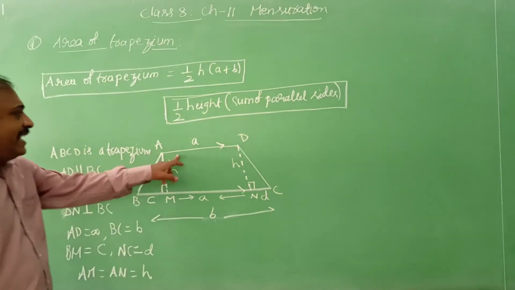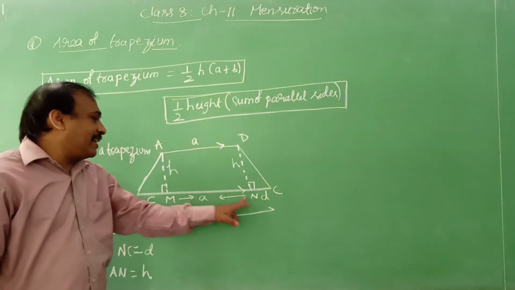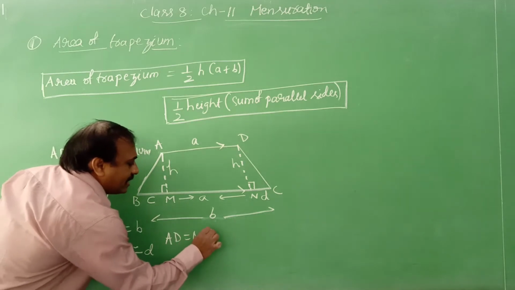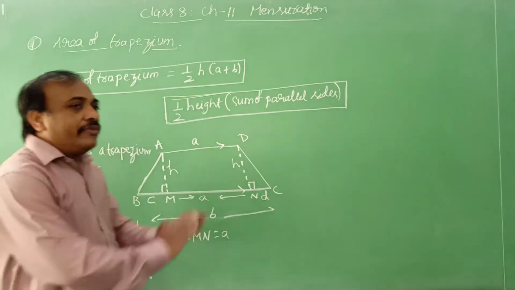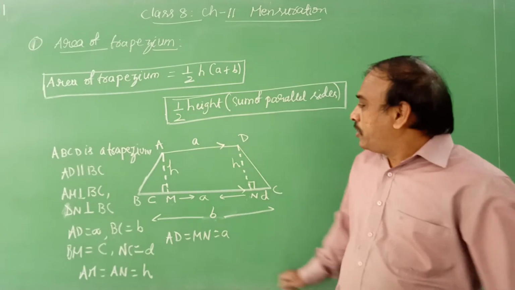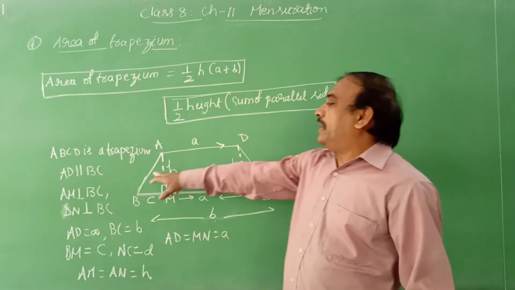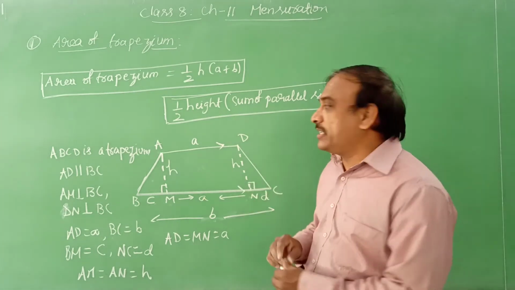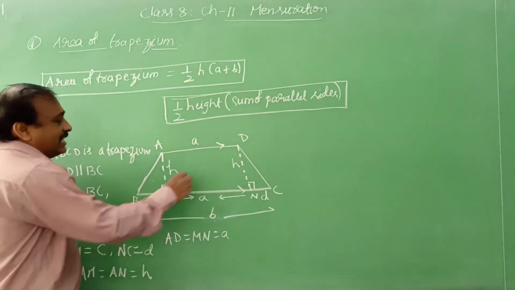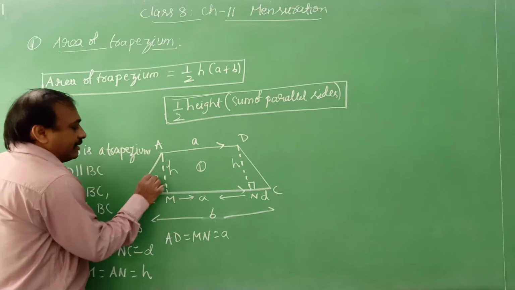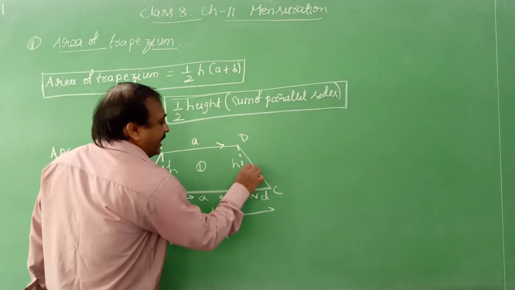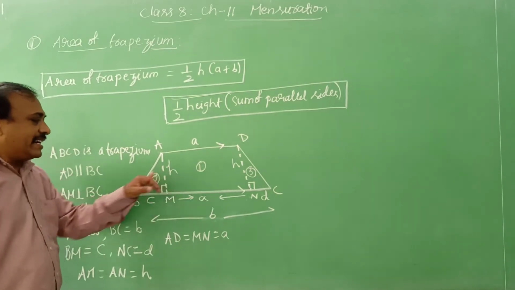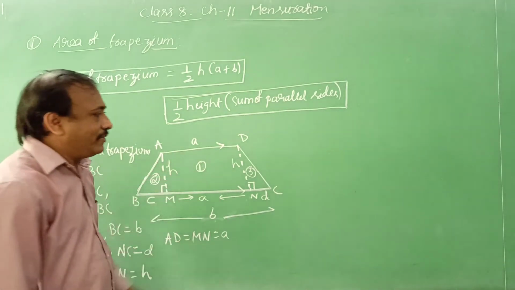Now AD is equal to MN is equal to A units. We are dividing the figure into a triangle, a triangle and a rectangle. Now three figures are there here. One is a rectangle, a triangle and a triangle. Clear? So first, area of the rectangle plus area of the triangle plus area of the triangle.